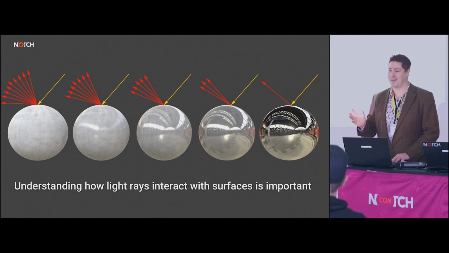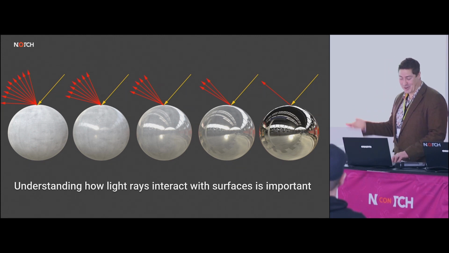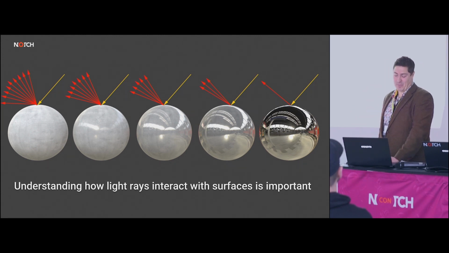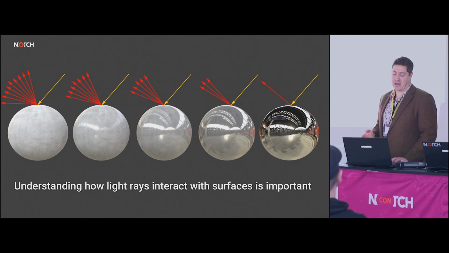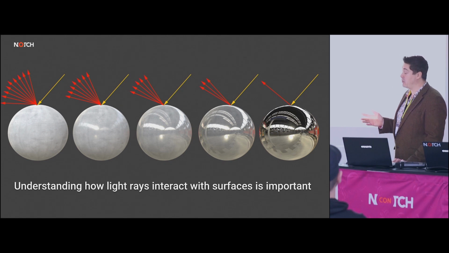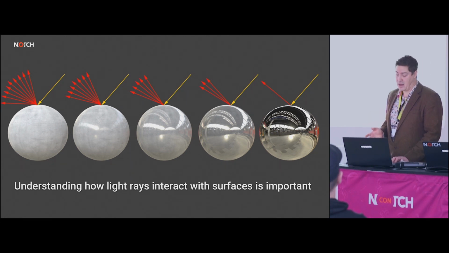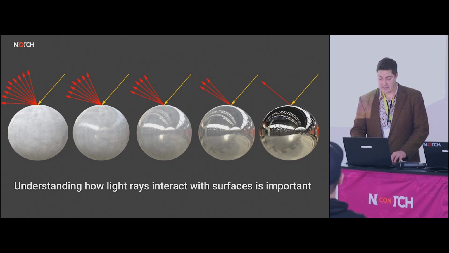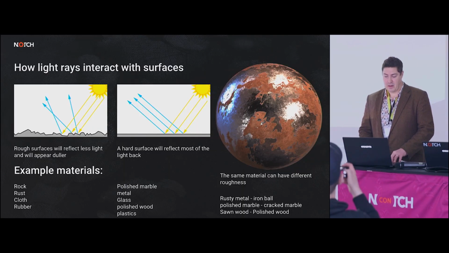Oh, sorry, I'm getting confused with my left and my right. When light hits the materials on the right, because it's a mirror finish, the light is scattered less, and so looks more reflective.